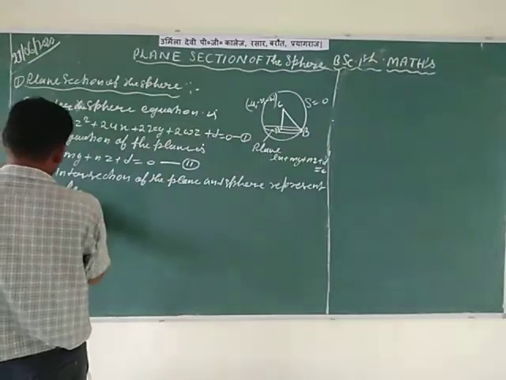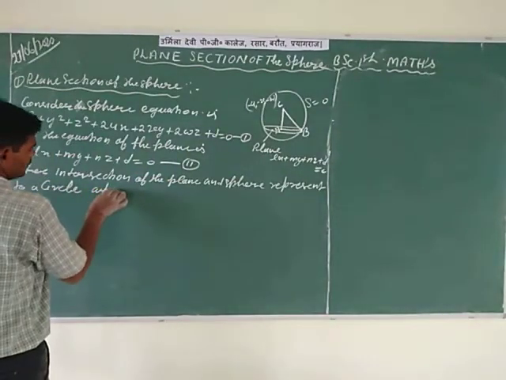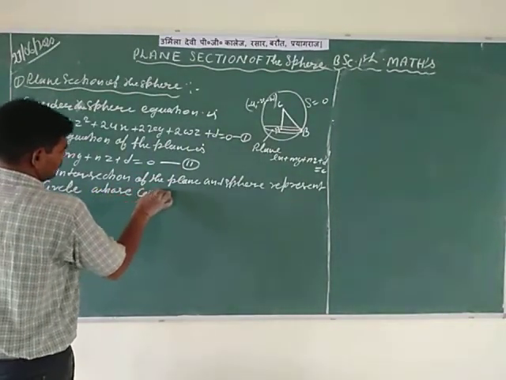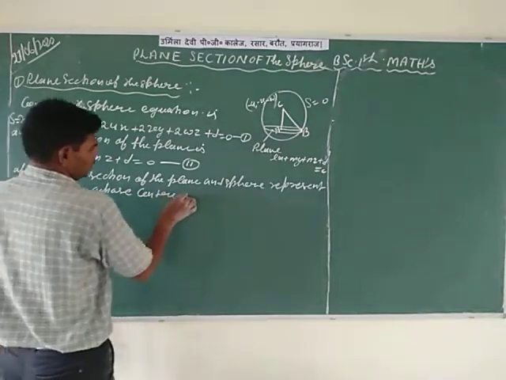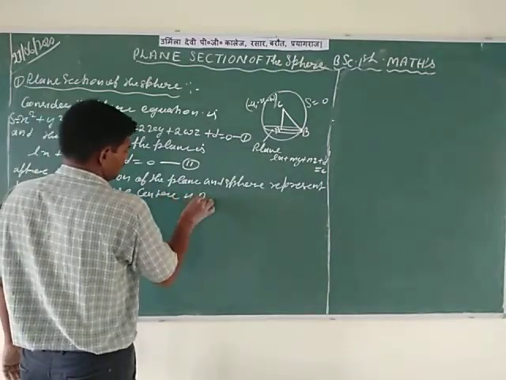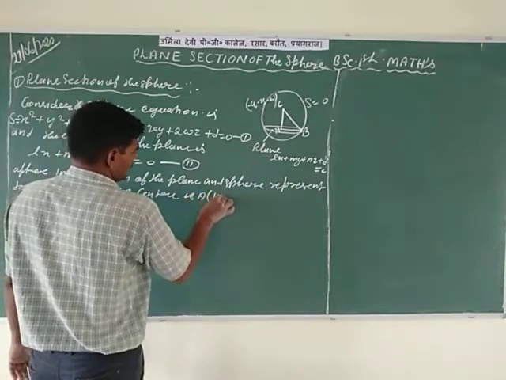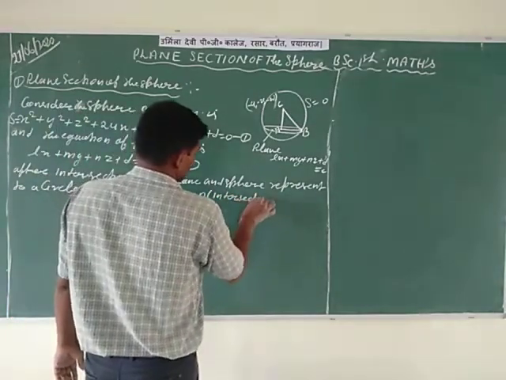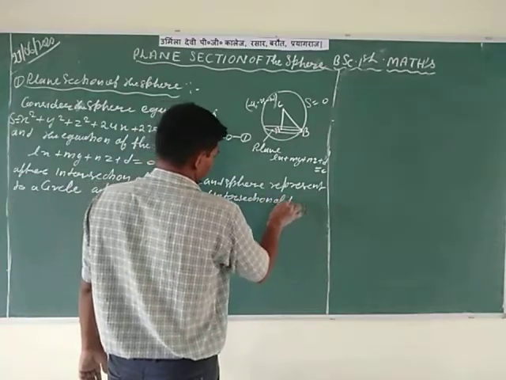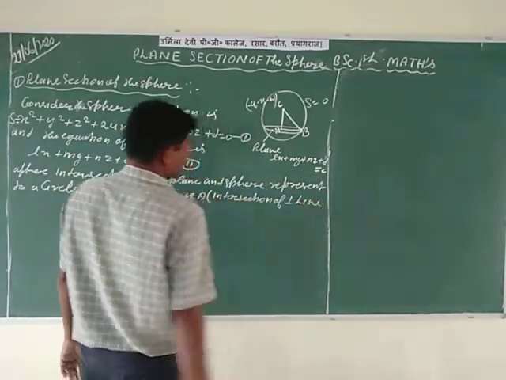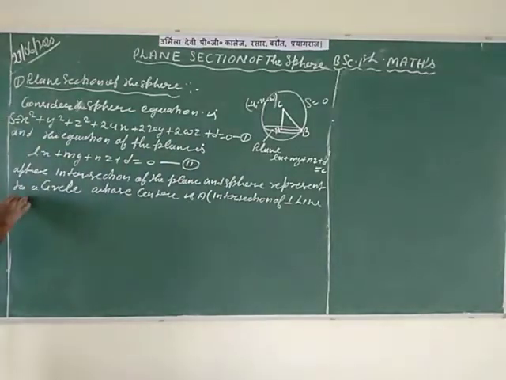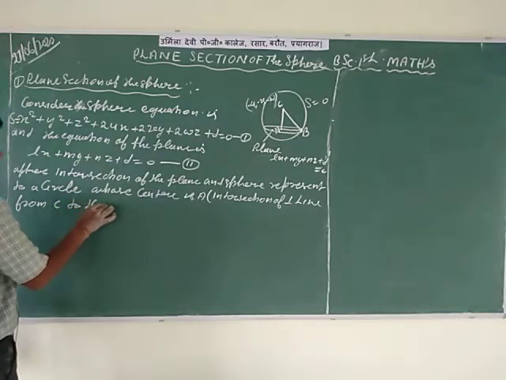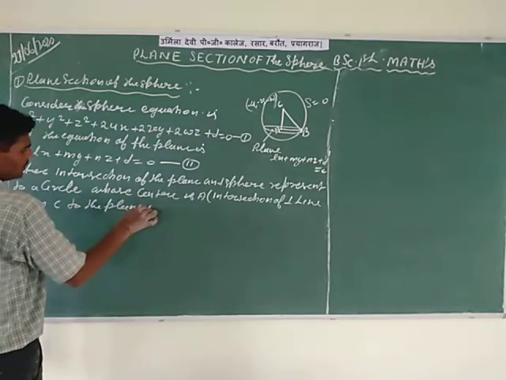So a circle whose center is capital A means the intersection of the perpendicular line from capital C. Capital C means the center of the sphere to the plane second.